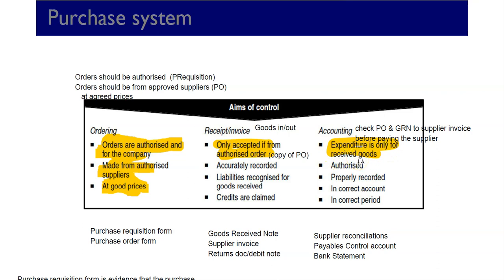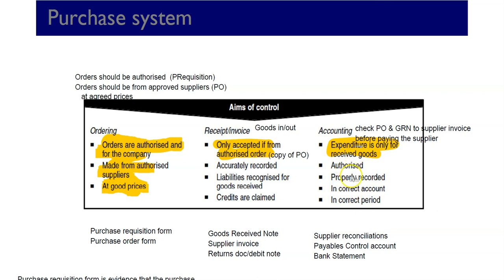So the company should only pay out when it's certain it's received the goods and the price is what was agreed. And how that's done is the person who's responsible for paying, so payment is only made once there is a supporting purchase order and goods received note agreed to the supplier invoice. And then at that point, payment can be made.